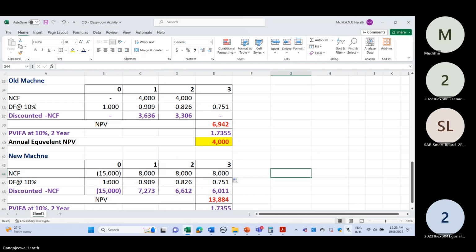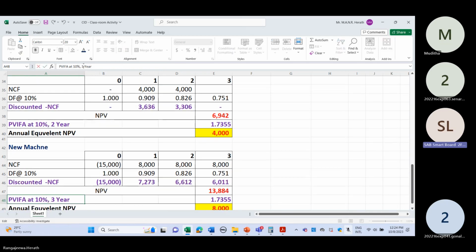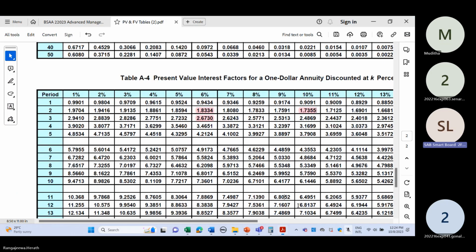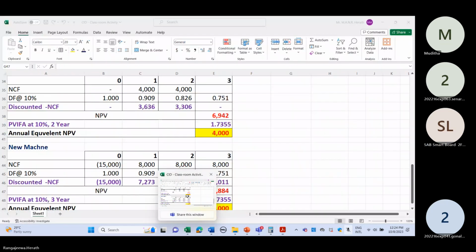Right? 15,000, then 8,000, 8,000 for 3 years. The discounting factor is the same as before. The NPV comes to 13,888. But now for the annual equivalent NPV, look at 10% for 3 years. The 3-year annuity factor is 2.4869.